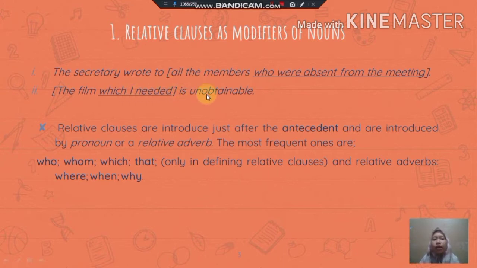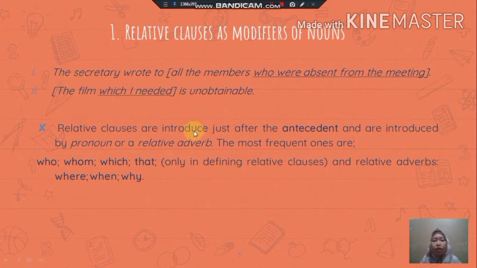The underlined relative clause here modifies members and combines with it to form the head nominal of the predicate noun phrase. Similarly, in the second example, the relative clause modifies film, and "film which I needed" forms the head nominal that is determined by "the".